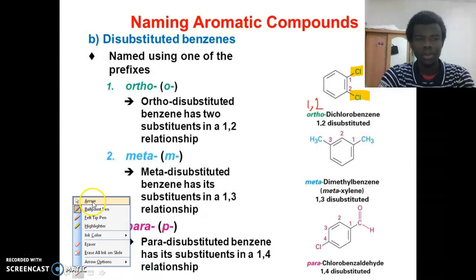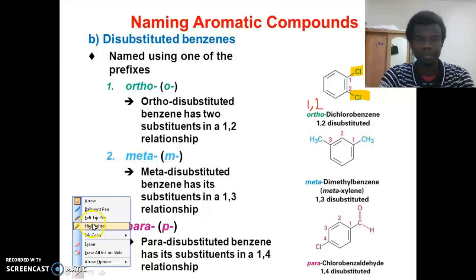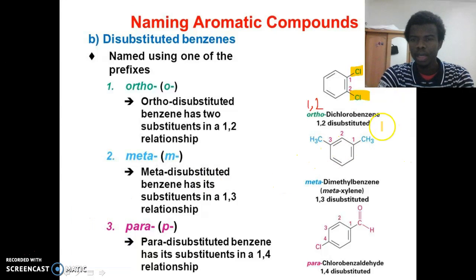Now the second one we have is meta. Meta disubstituted benzene has its substituents in a 1,3 relationship. For example, here we have two substituents, that is methyl and methyl.